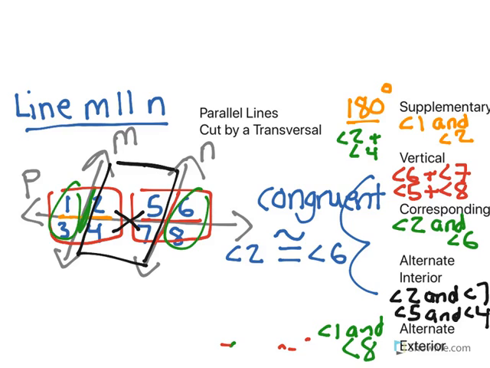All that means is if angle 2 is 37 degrees, angle 6 is also going to be 37 degrees. So whether it's vertical, corresponding, alternate interior, or alternate exterior, those angles are all congruent, meaning they have the same angle measure.